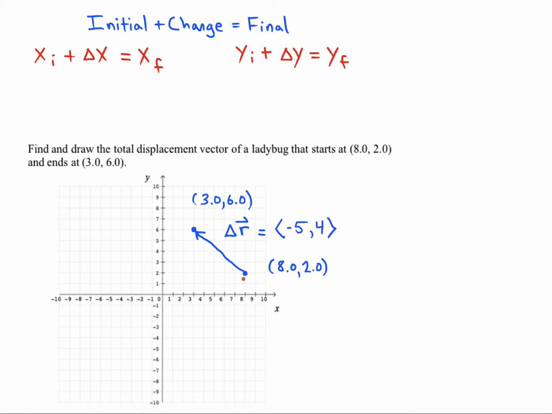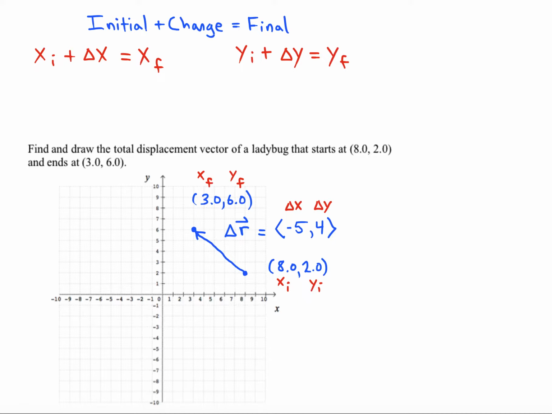Now let's take a look at our coordinates and figure out which is which, right? So this is the initial point. So this is going to be xi, and this will be yi. We go to 3, 6, so this is xf and yf. This will be delta x and delta y.